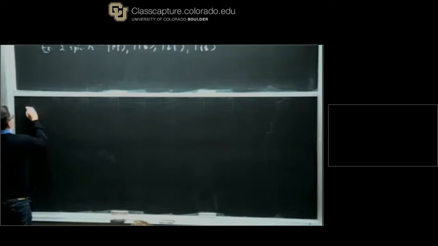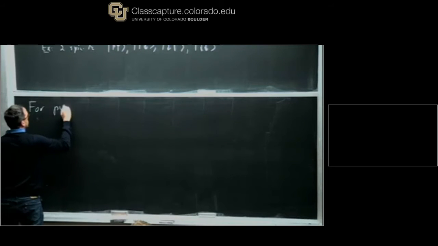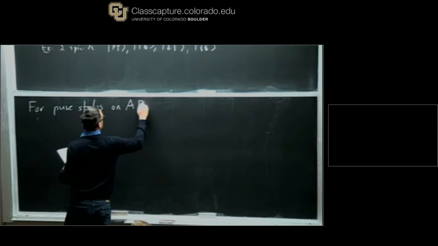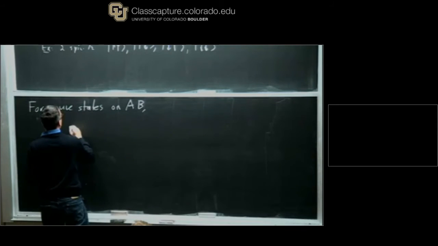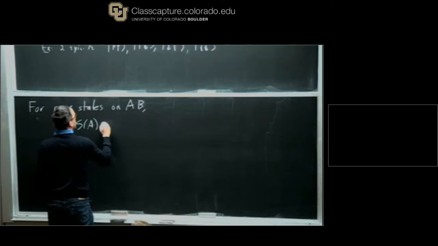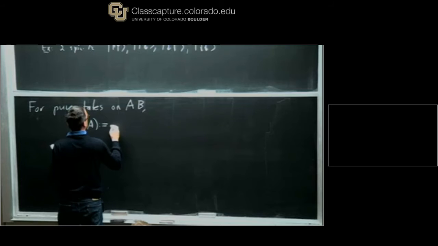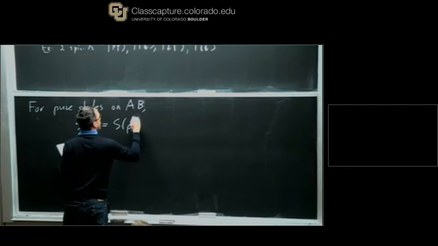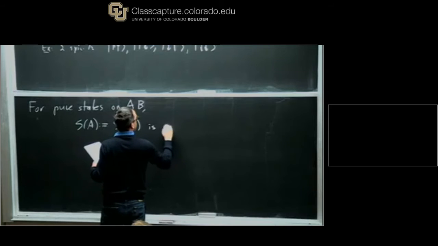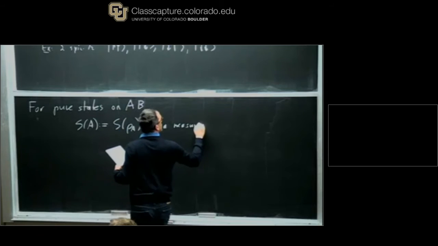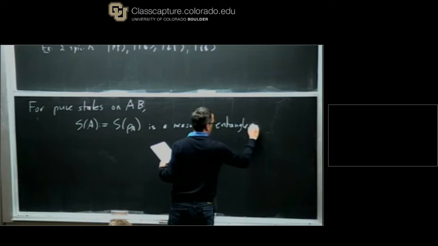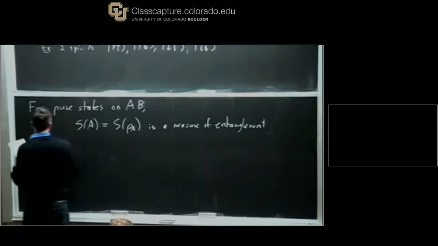So the entropy, so this is the entropy of rho sub A, is a measure of entanglement, and therefore people call it the entanglement entropy.